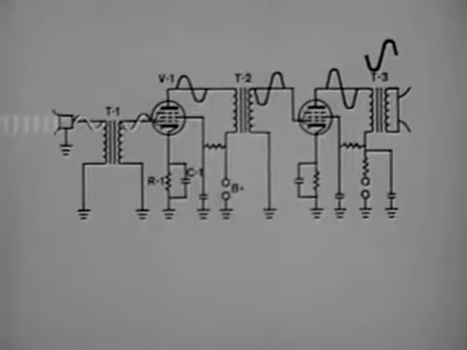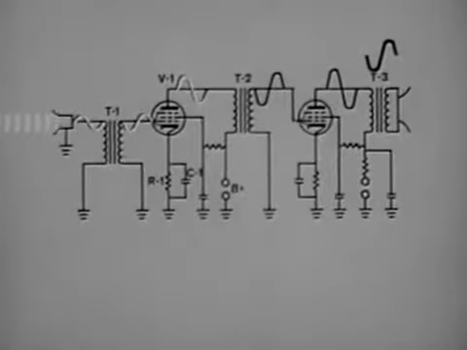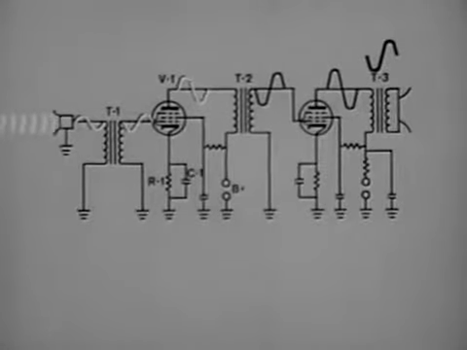The input signal influences the current flow through the tube, and this current, passing through the primary of the interstage transformer T2, induces a stepped-up voltage into the secondary. The same action is repeated for V2.